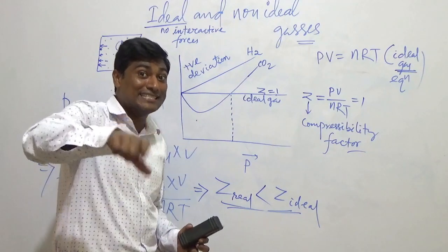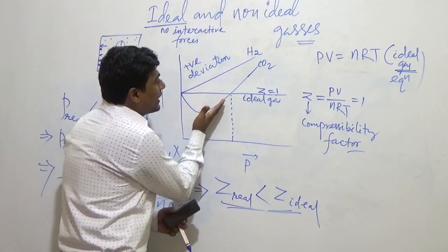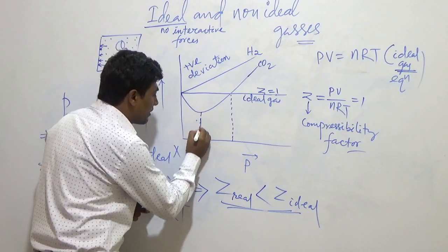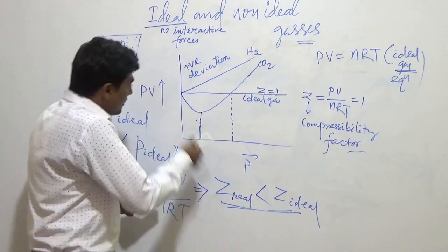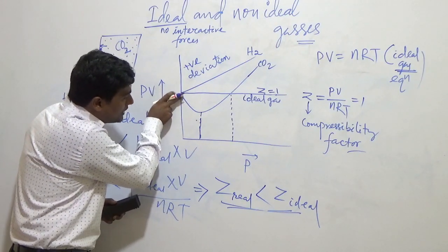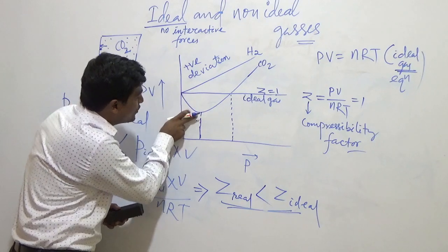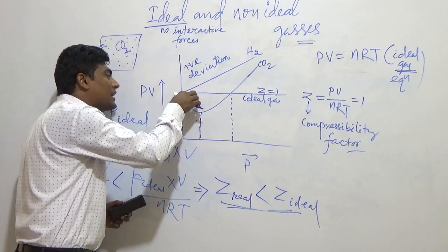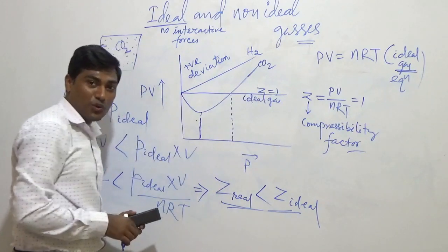You can compare this point also. When we start moving in this direction, we are finding more and more attractive force. That's why the curve goes away from Z equal to 1.